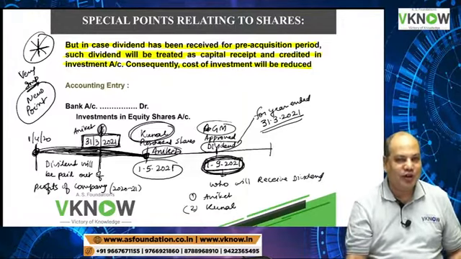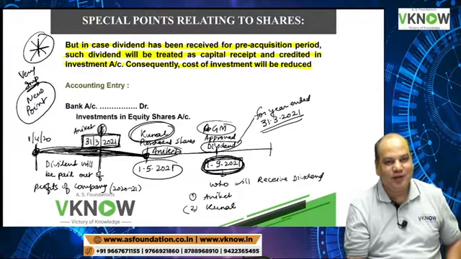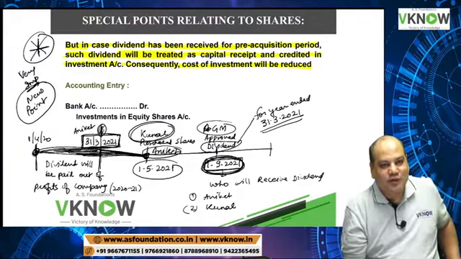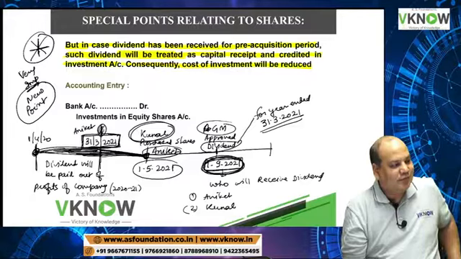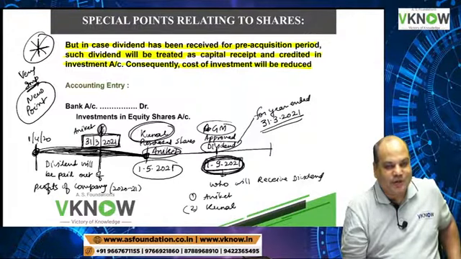Vote for Kunal. Who will receive dividend from the company on 1st September? Almost 50-50. The country is divided into two parts, 50% in favor of Aniket and 50% in favor of Kunal.